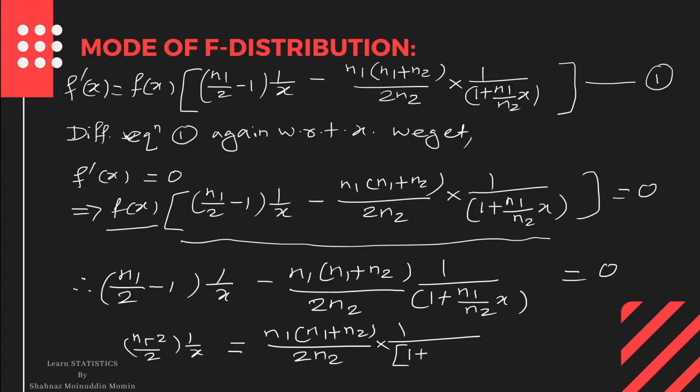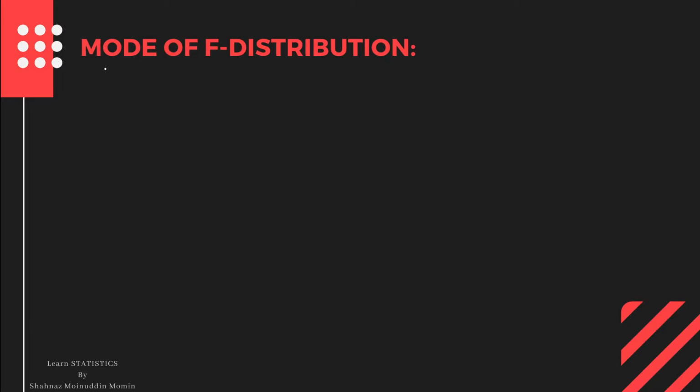I am taking this negative term to the right side. Now rearrange the terms: (1 plus n1 by n2 x) divided by x.